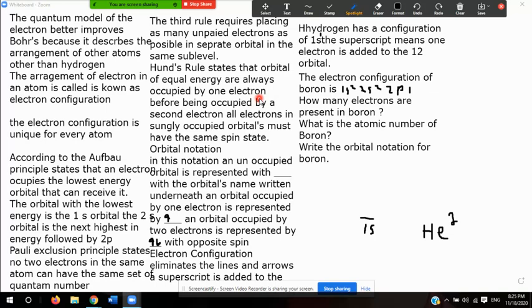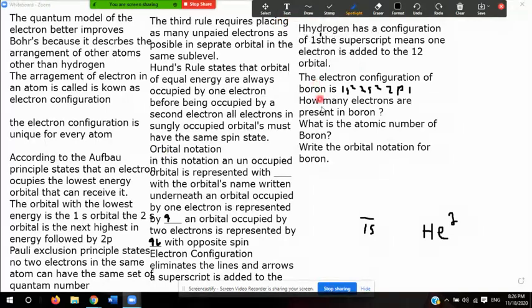So the third rule is Hund's rule, okay? Hund's rule basically states that orbitals of equal energy are always occupied by 1 electron before being occupied by a second electron. All electrons in subsequently occupied orbitals must have the same spin state.